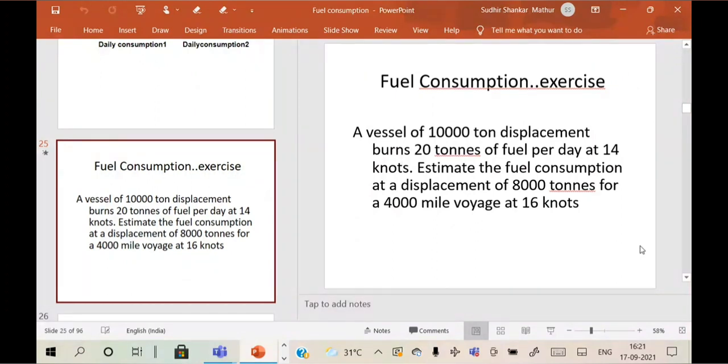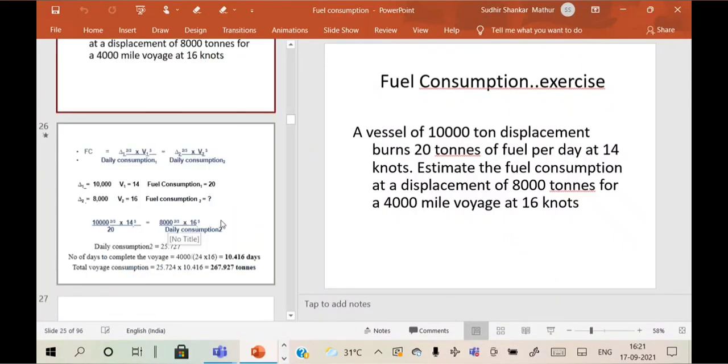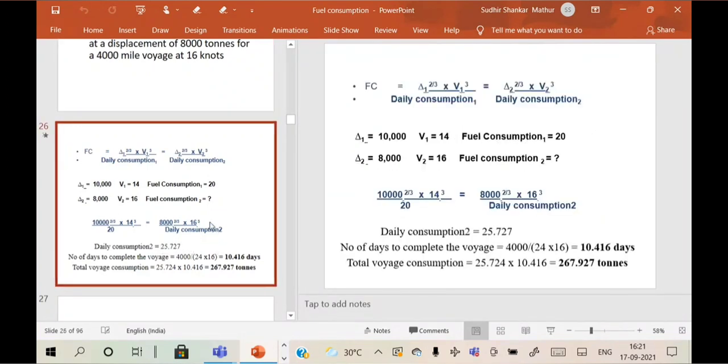Sir, can you please repeat the answer? Okay. So the daily consumption as per calculation is 25.7.